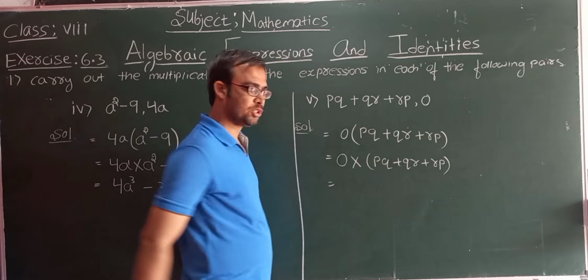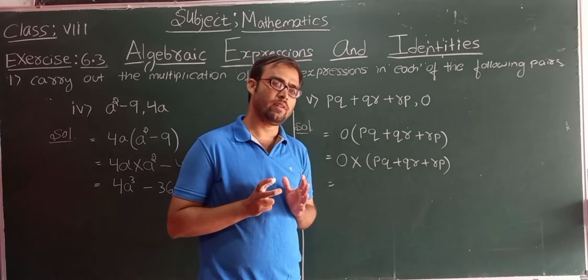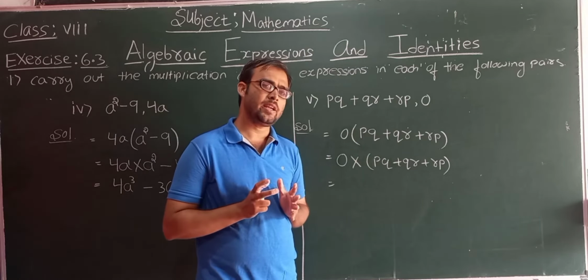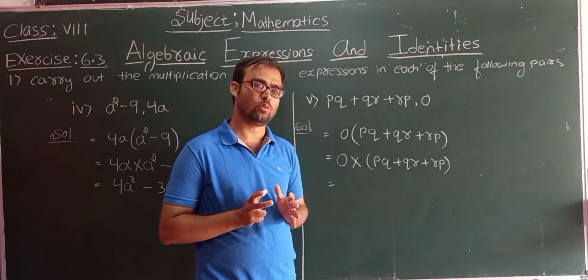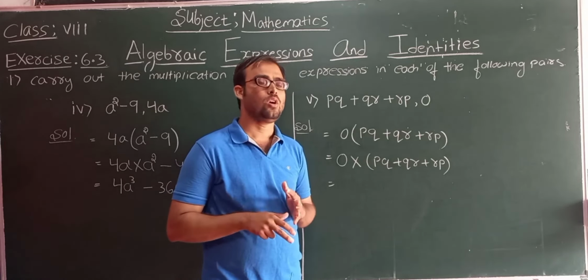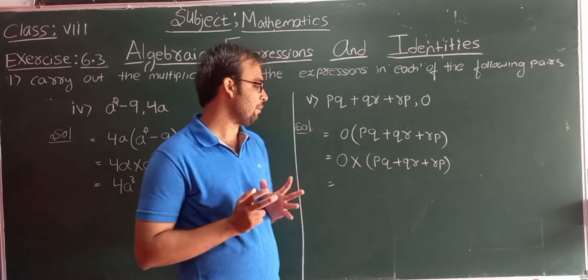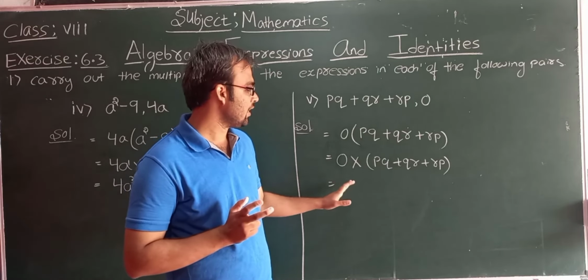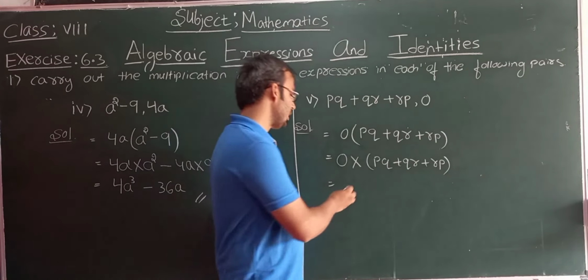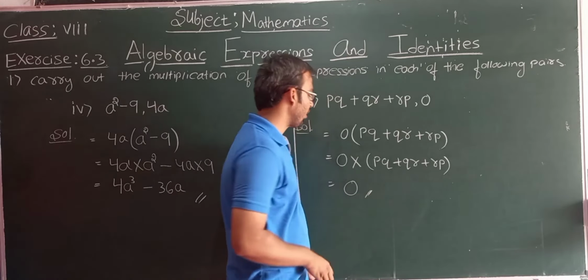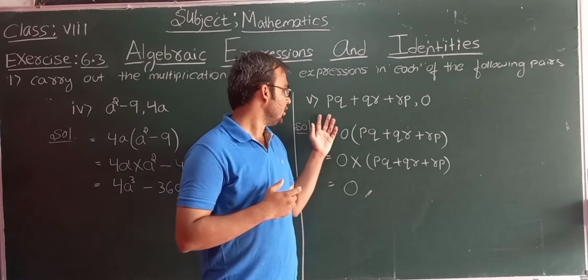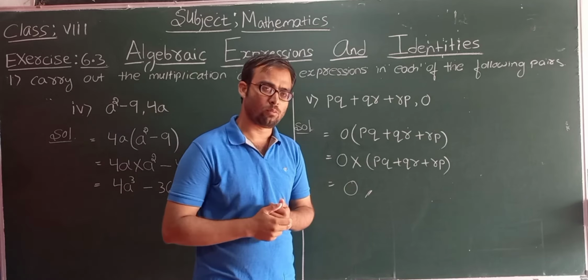Students, as I told you earlier, whenever we are multiplying any number with 0, whether it is negative or positive, or a rational number or irrational number, we always get 0 as the answer. Okay, so here also 0 will be the solution for this problem.